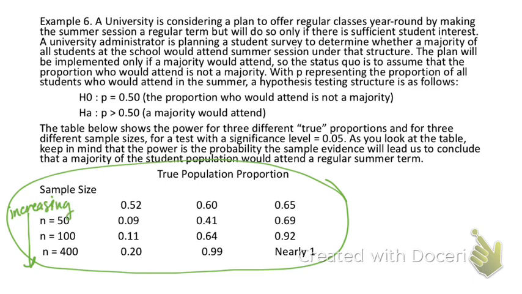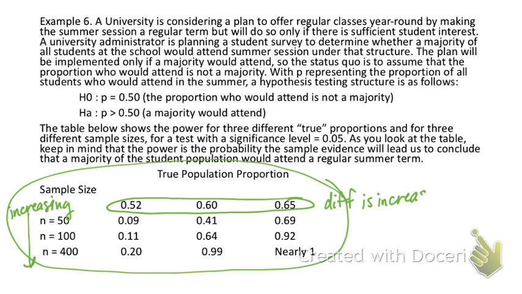And these numbers are the numbers that I'm getting when I'm taking a sample, so that's increasing too. So the difference is increasing, and that's your bullet point 3. We're comparing these numbers to the 0.5. Maybe the first sample we take is 0.52, then 0.6, and then 0.65.